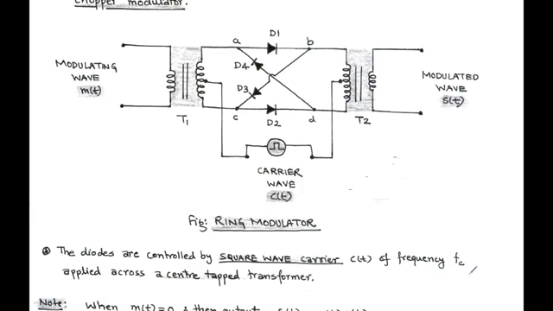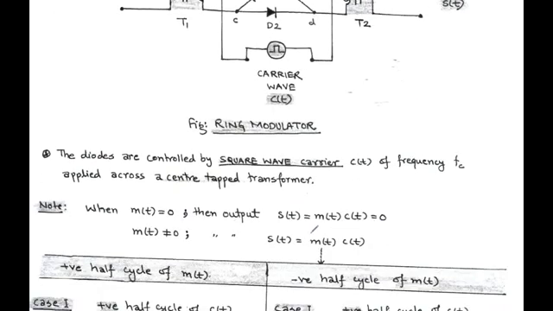Now we discuss the operation of the ring modulator. The output of a ring modulator is s(t) and it equals the product of message and carrier. When there is no message, we get 0 output, but when we apply a message, we get an output in the form of the product, that is m(t) into c(t).